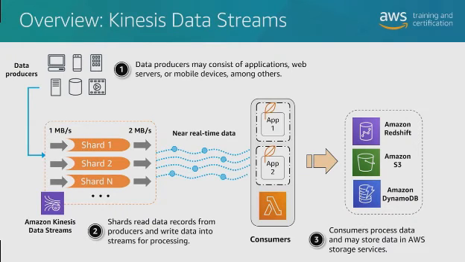This is how it can handle massive throughput. And those shards read those data records from the producers and then write them into the streams. The consumers then take those streams and process them however we need. Maybe we're doing actions with them. Maybe we're just storing it into Redshift or S3. But the great thing is then Kinesis takes it, parses out the stream in near real time.